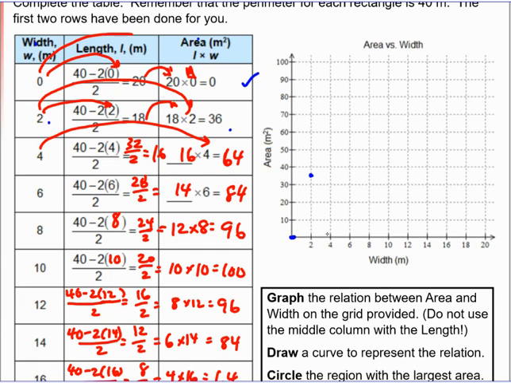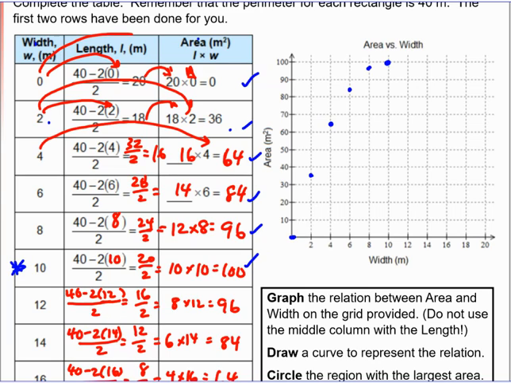4 and 64. 6 and 84. 8 and 96. Yeah, we're checking all these off. We got them all. Good. 10 and 100. Remember, that's kind of where it peaks here. Might be important.